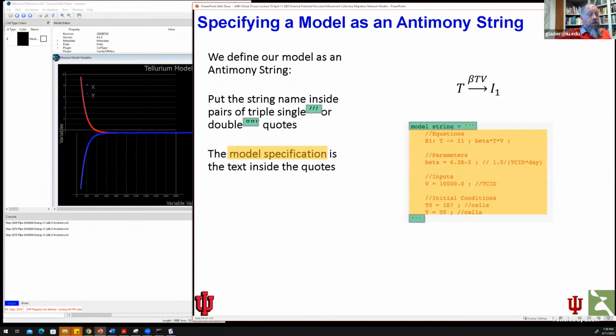Python uses triple quotes to define strings with carriage returns. Model specification here is in yellow, and it's important to note that antimony does not write a program, it writes a model specification. That specification is processed, it's compiled, and that means it doesn't behave quite like a procedural program. It does some things that are a little bit different.